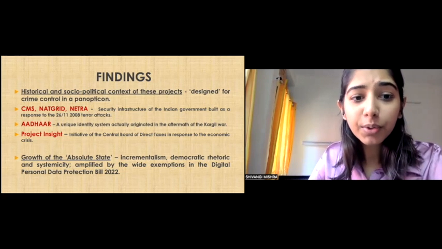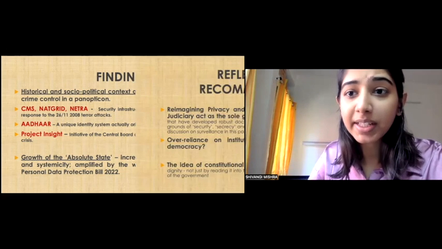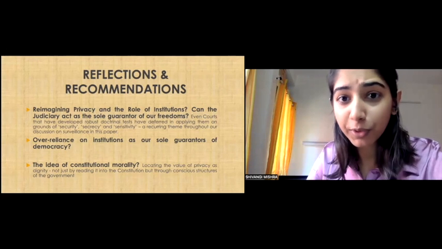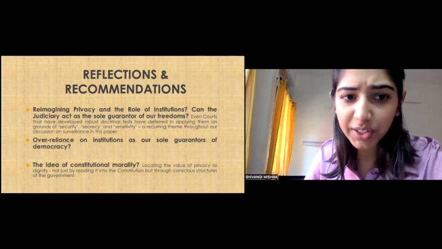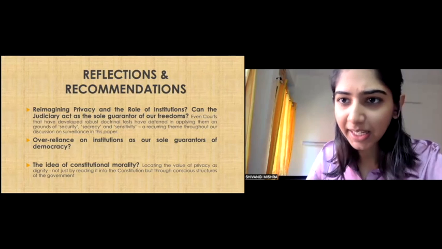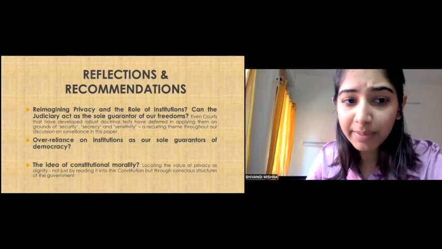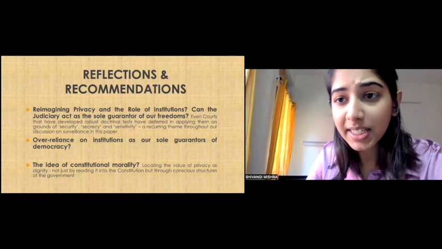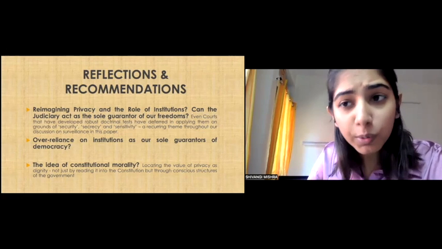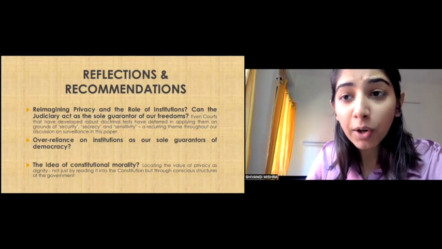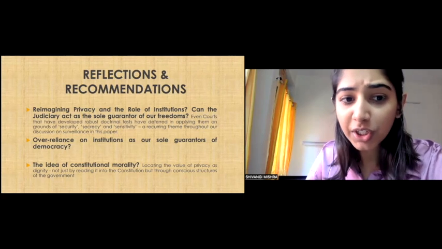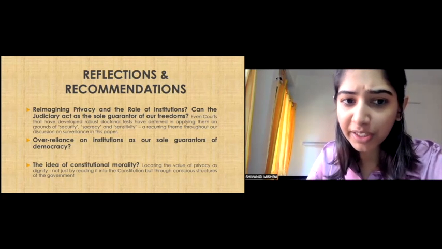When I come to the final question, this brings us to some food for thought, some reflections, and some recommendations. What is missing? Is there a need to reimagine the right to privacy as constraints on state power? Or do we need to look beyond the role of institutions such as judiciaries as guarantors of our democratic freedom?